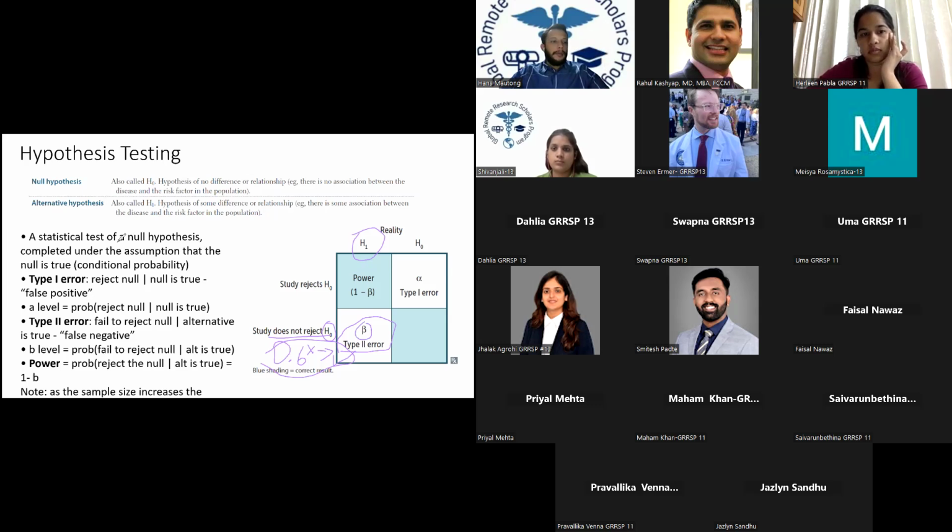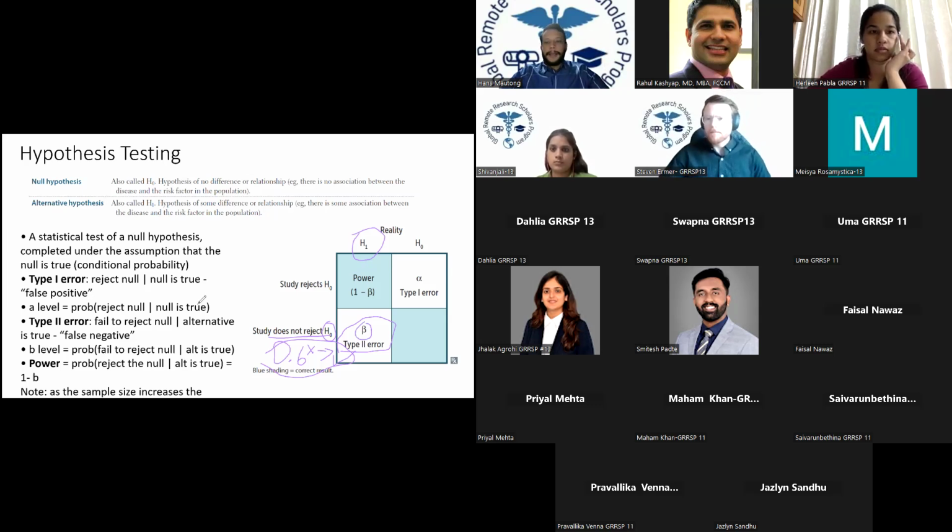All right, so let's go into the other aspects of this chart. What happens when you do hypothesis testing and your study rejects the null hypothesis? It says, okay, there's actually a difference between females and males in terms of glucose levels, and your p-value is 0.001, and you reject the null hypothesis, but in reality, the null hypothesis was a true one.